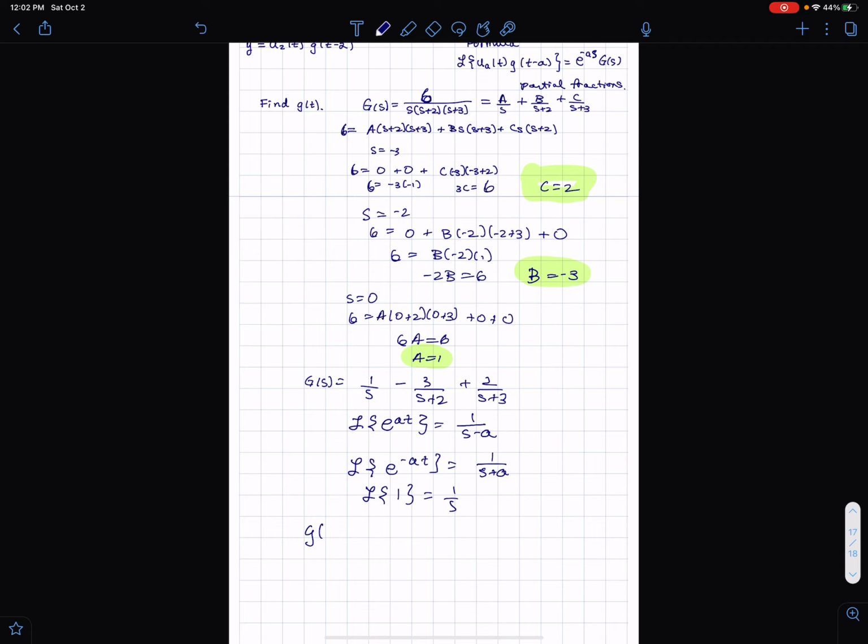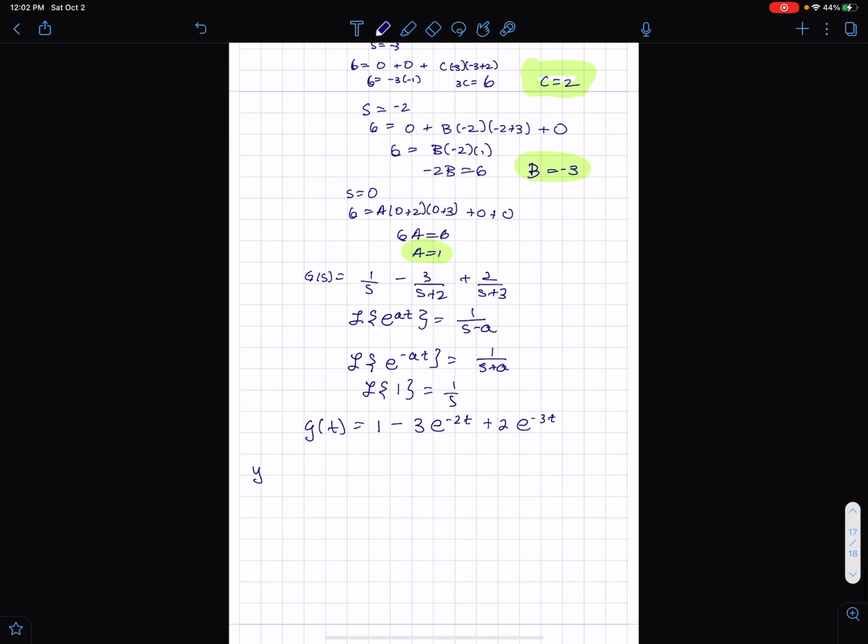So therefore, little g of t is the Laplace inverse of 1 over s, which is 1, minus 3 times the Laplace inverse of 1 over s plus 2, which is e to the minus 2t, plus 2 times the Laplace inverse of 1 over s plus 3, which is e to the negative 3t.